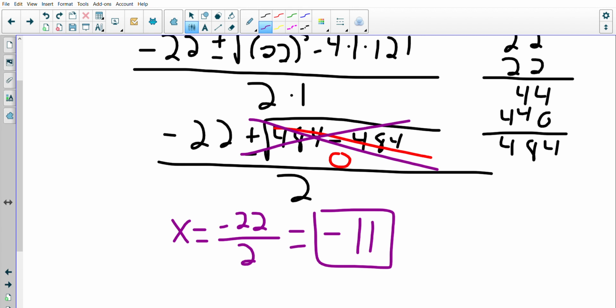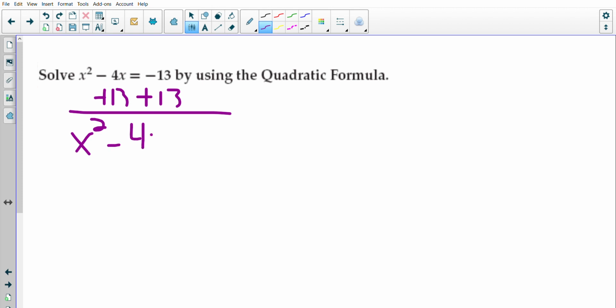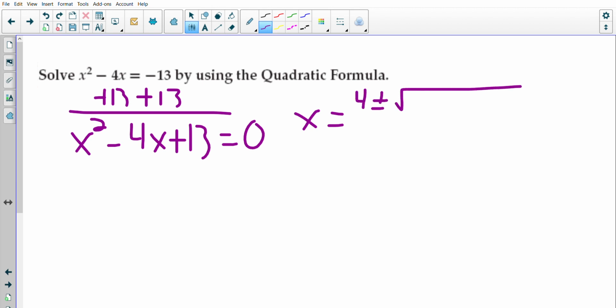Okay, let's do another one. x squared minus 4x equals negative 13. So once again, we got to add 13 to both sides, because we need it to be equal to 0. So x squared minus 4x plus 13 is equal to 0. So here we go. x is equal to negative b, so negative negative 4 would be just 4 plus minus the square root of negative 4 squared minus 4 times 1 times 13, all over 2.